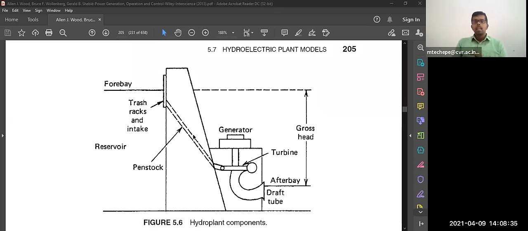As I already said, the water within that penstock will be moving at around 120 kilometers per hour to a maximum of 150 kilometers per hour. 150 kilometers per hour is the maximum speed of a train. So that much pressure is hitting the turbine.